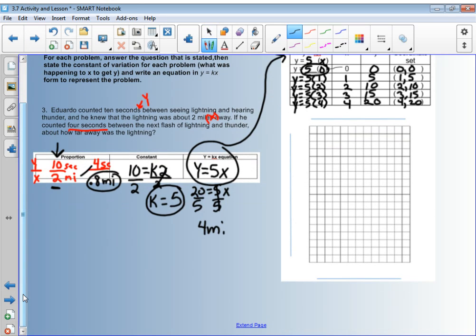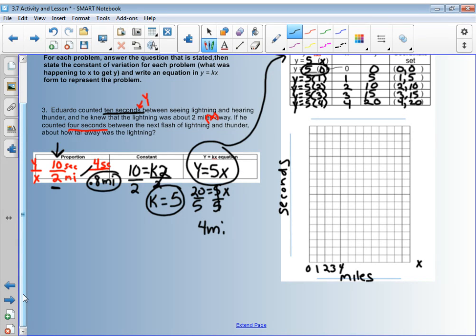So on our graph, our x's, these are always our x's, and that was our miles. And our y's, and I'm just pulling this information here, and I have it marked in your worksheet, is our seconds. And then we have to decide what we want each box to be worth. For our miles, it looks like our x's went 0 through 4, so we could make each box worth 1: 0, 1, 2, 3, 4.